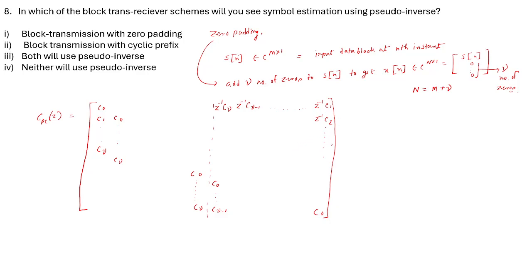Like this, up to here you have Z inverse of C mu. So you might consider drawing a line here also.